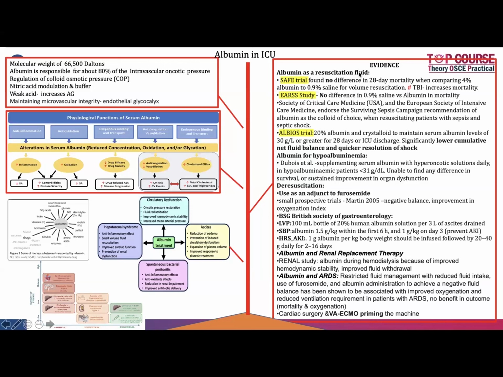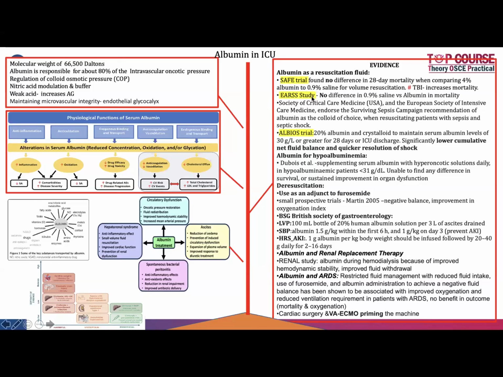as a resuscitation fluid. When we look into the SAFE trial, they compared crystalloid versus albumin. There was no difference in the 28-day mortality when comparing 4% albumin with 0.9% saline for volume resuscitation. But in a subgroup of patients who had traumatic brain injury, it increased the mortality. The next study is the EARSS study.